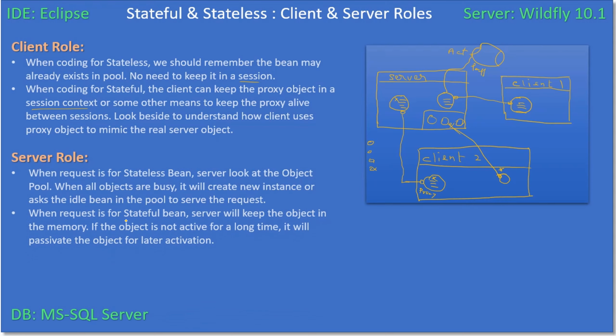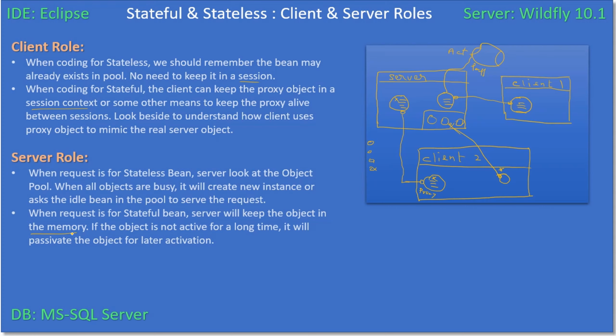So when the request is for a stateful bean, the server will keep the object in memory, and when the proxy arrives, and if it is idle, it may even passivate the object. When it wakes up, it will activate it.